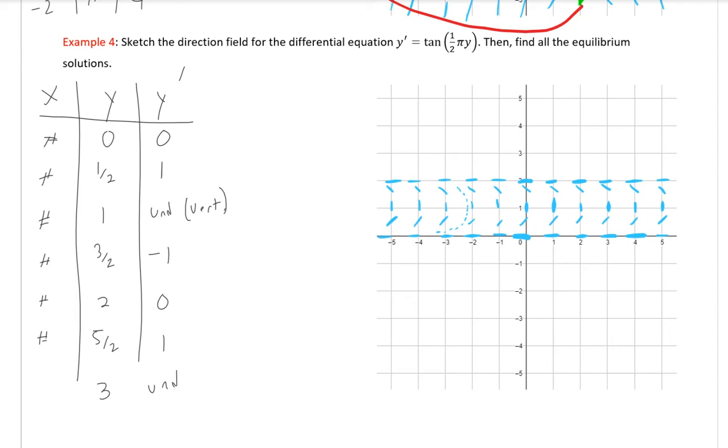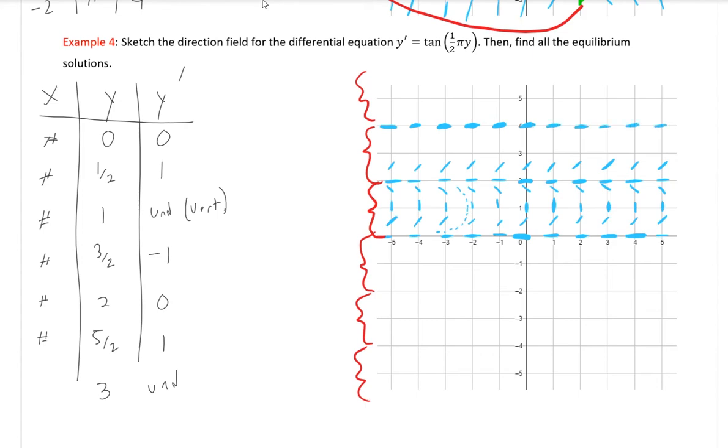Five halves, we have a slope of 1. And now we see this pattern repeat itself. So this pattern is going to repeat here, it's going to repeat here, and here, and here, every 2 that we see. So I should be able to start to fill that out pretty quickly. So slope of 0 should show up at every even amount.